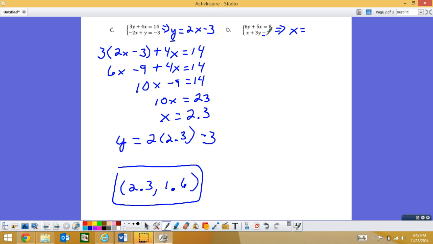So then x is equal to negative 3y plus 7. And then we substitute that in for x in the top equation. So 6y plus, instead of 5 times x, we'll have 5 times negative 3y plus 7, is equal to 8.